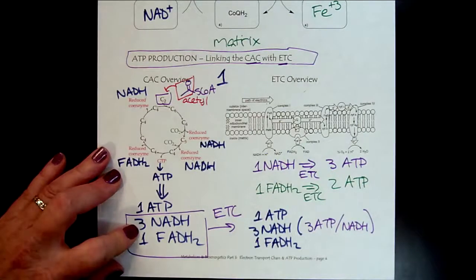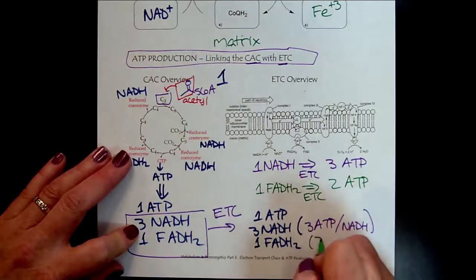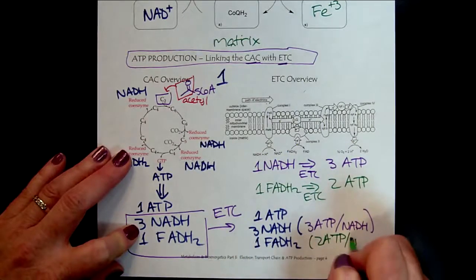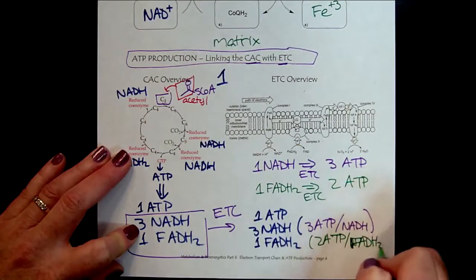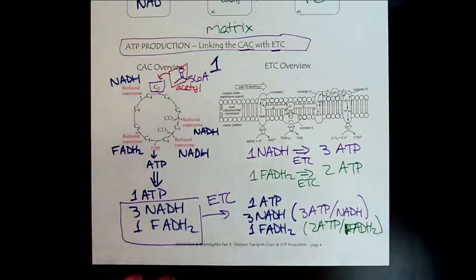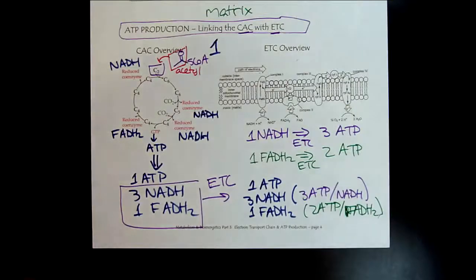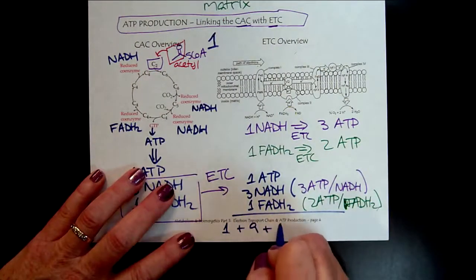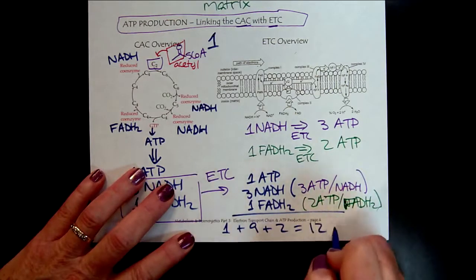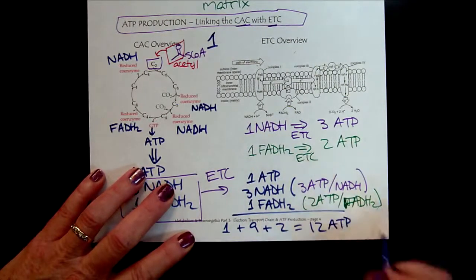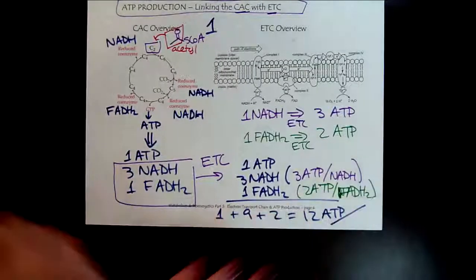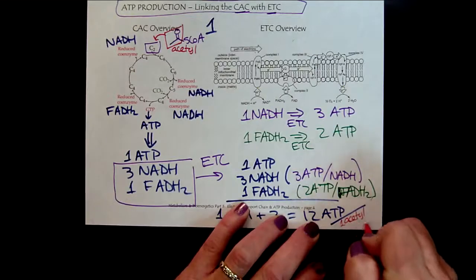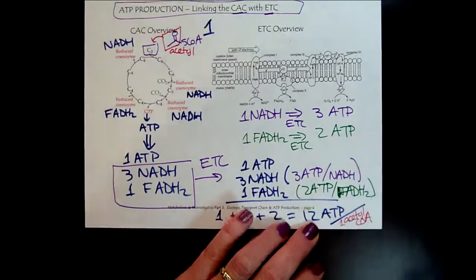And from the electron transport chain, we get 2 ATP per FADH2. Voila. Right? So now when we add this all together, we would get 1 plus 9 plus 2, which is 12 ATP. And that's from 1 acetyl-CoA. Ooh, just fit.